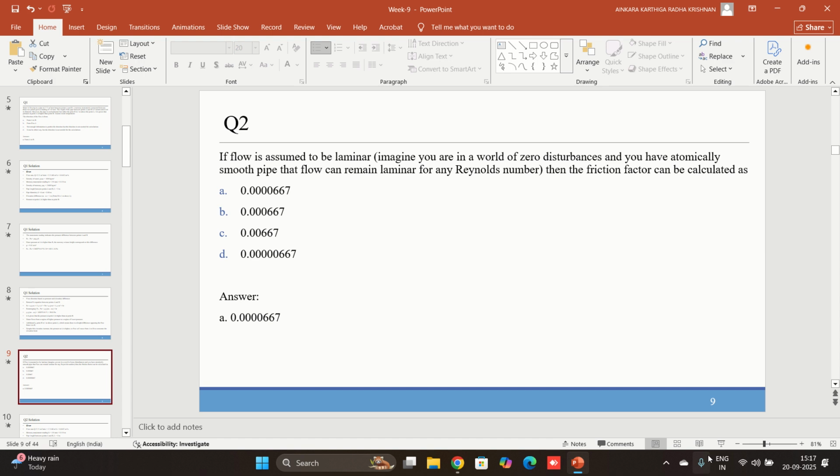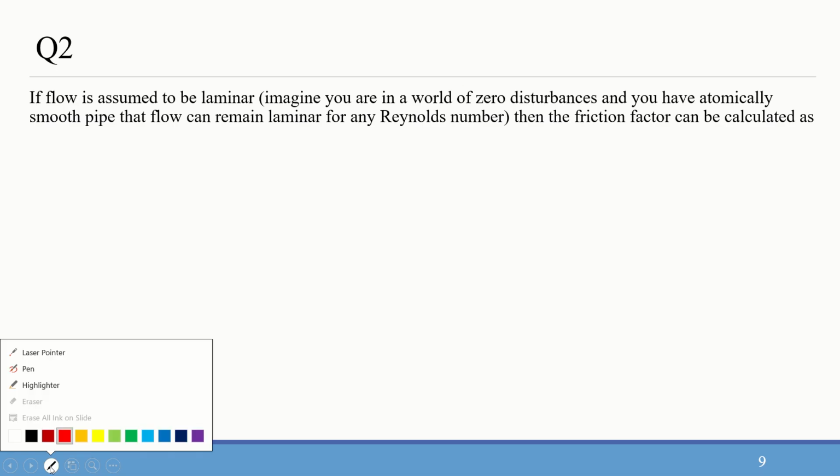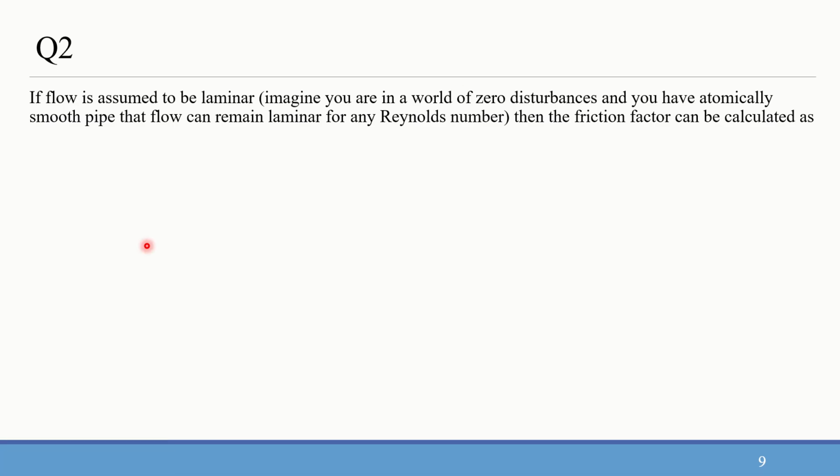Next we have question 2. If flow is assumed to be laminar, imagine you are in a world of zero disturbances and you have a smooth pipe so that flow can remain laminar for any Reynolds number, then the friction factor can be calculated as dash.